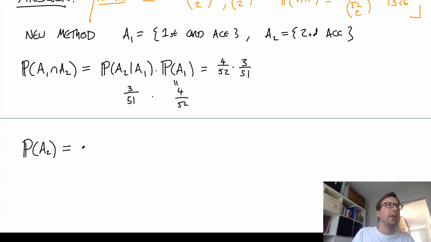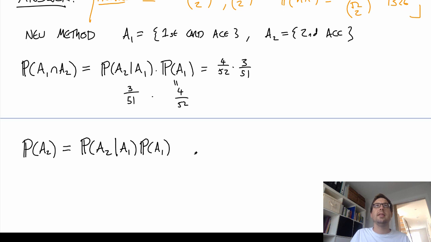So this is equal to the probability that the second card is an ace, given that the first card is an ace, times the probability that the first card is an ace, which I've just done the calculation for up here, plus the probability that the second card is an ace, given the first card is not an ace, times the probability that the first card is not an ace.